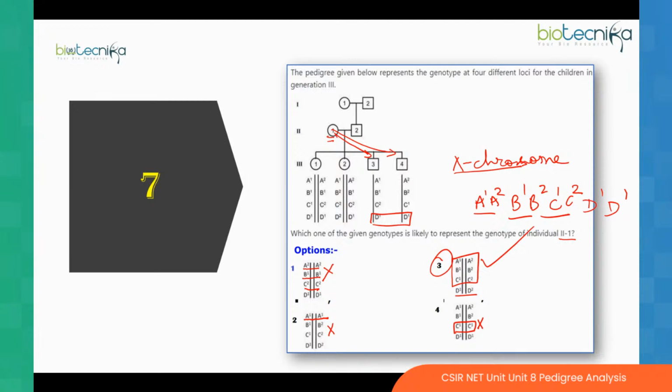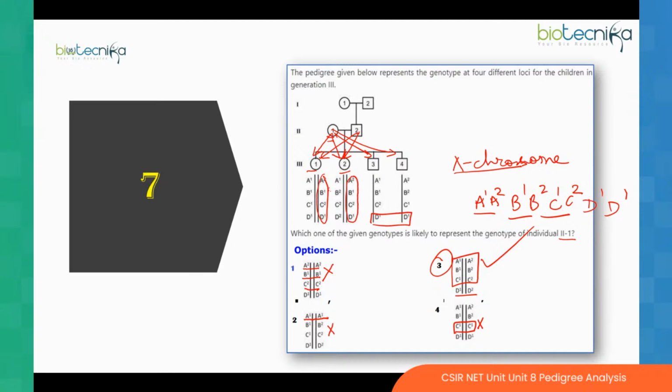Now, in case you want to check whether mother has the D2 allele or not, for that you have to check the females here, or the daughters. Daughters will get their X chromosome, one from father and one from mother. Because they have the same father, the X chromosome coming from father will have the exact same linked gene format. When you compare both the chromosomes, you see that A2 B1 C2 D1 is the chromosome which is exactly the same.